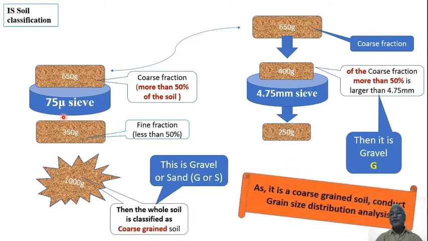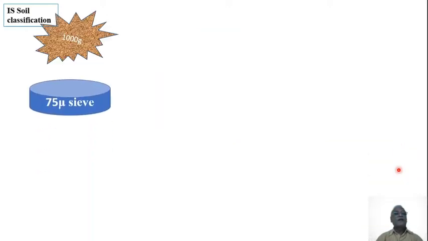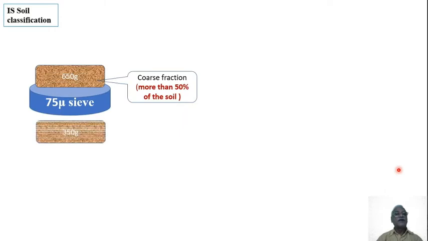Then we have to do the sieve analysis or grain size distribution analysis, and search for the second letter, whether it is GW, GP or something like that.